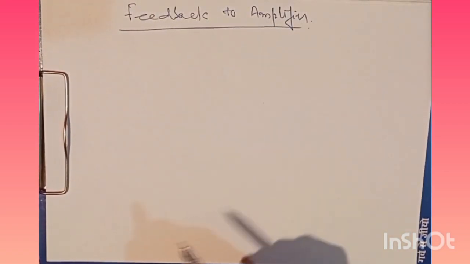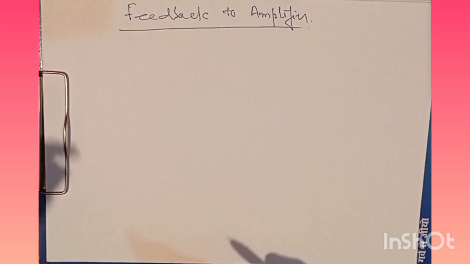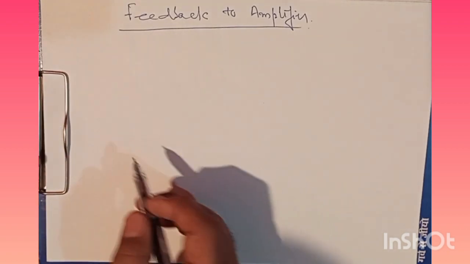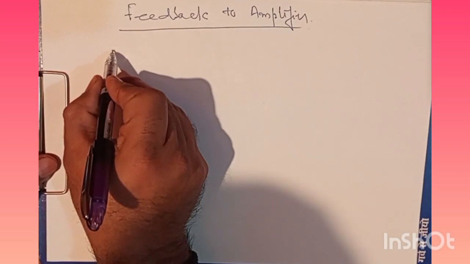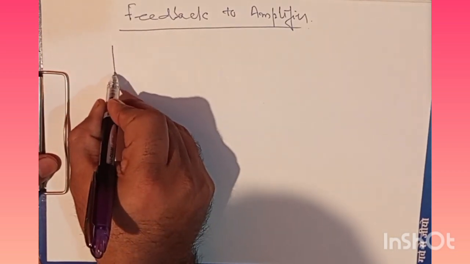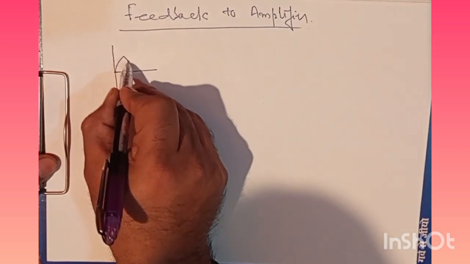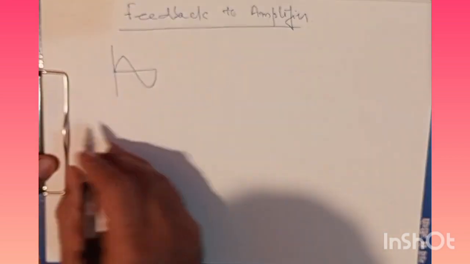Dear students, in this video we are going to proceed from the feedback that we discussed in the last video. If I have to revise that in a very short way, we used to have an input signal of less amplitude.